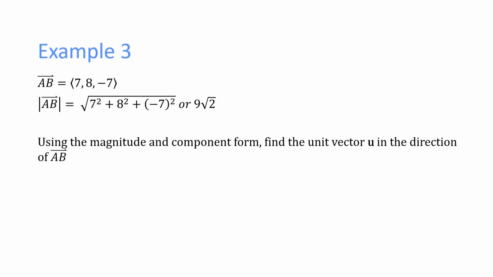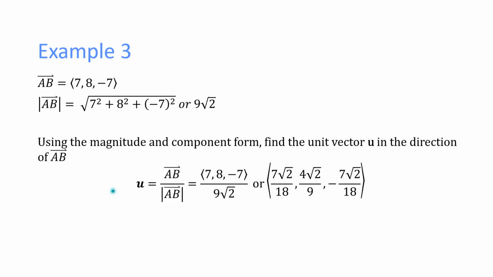Having worked out the component form and the magnitude of vector AB, we will now find the unit vector u in the direction of vector AB. In order to do so, we will divide the vector AB in the component form by the magnitude of vector AB.